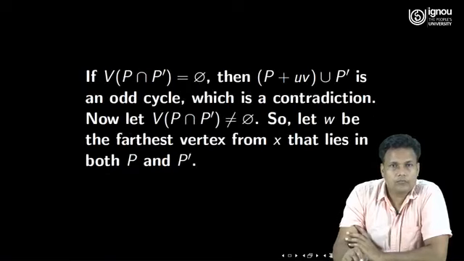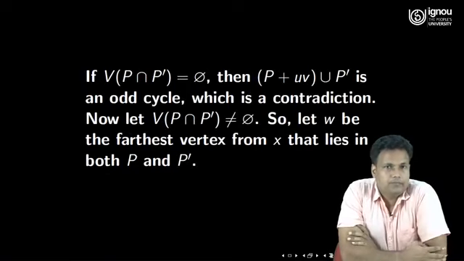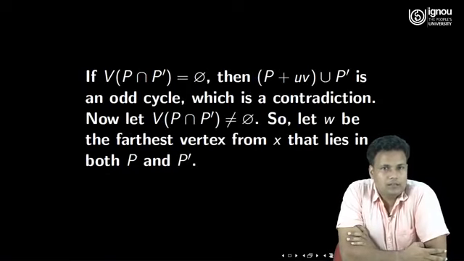Then, if P and P dash have no common vertex, that means the vertex set of P intersection P dash is empty, then if you take the union of P plus UV with the path P dash, we get an odd cycle.